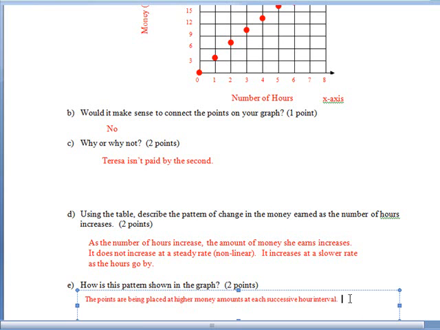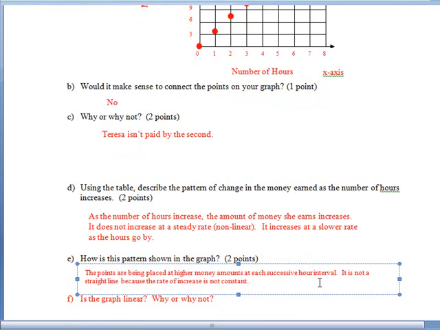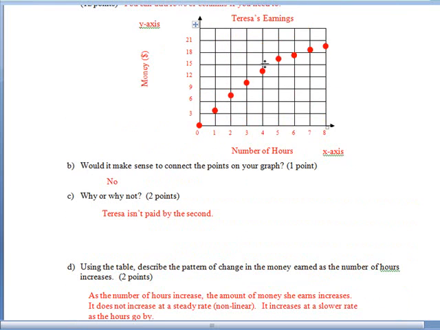We also know that it is not a straight line because the rate of increase is not constant. In other words, it's not linear.